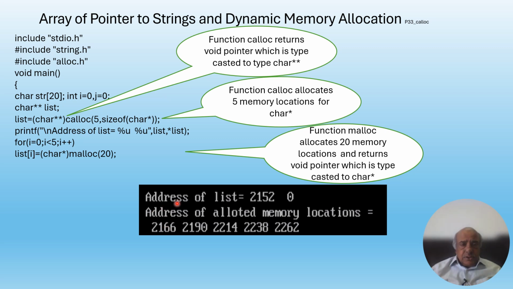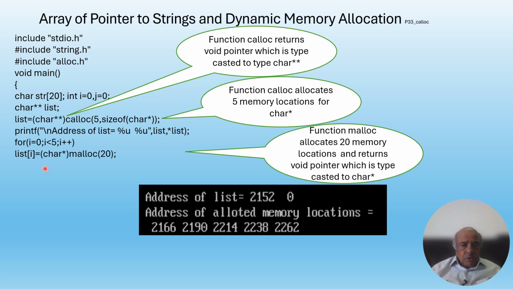After allocation of all the memories which we have done here, we can see the addresses of the blocks of memory allocated by the calloc and malloc functions to our variables. To list, the address of list is 2152. The whole block will be of 10 bytes, starting address of which is 2152.